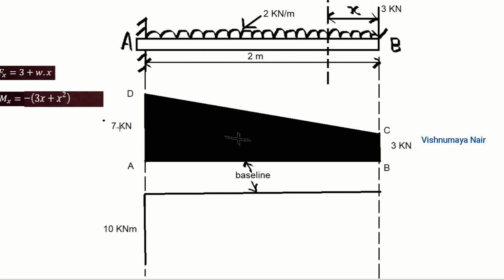Now we have to join these 2 points using a parabola and not by using a straight line, because this bending moment follows a parabolic law. See, it's proportional to x squared, square of the distance of the section from the free end of the beam. So we have to indicate that using a parabolic curve.